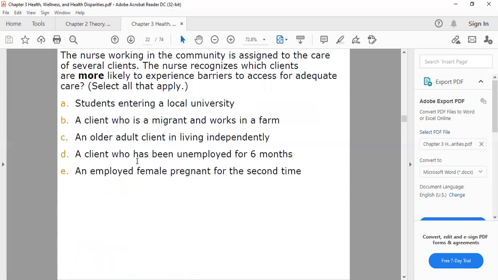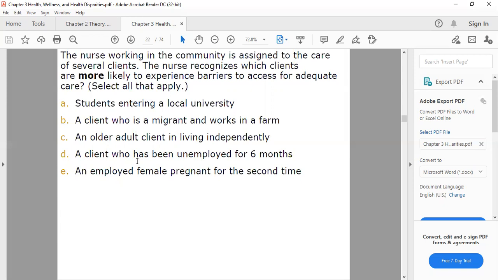The nurse working in the community is assigned to the care of several clients. The nurse recognizes which clients are more likely to experience barriers to access for healthcare. So who would most likely find some sort of barrier if they were trying to get healthcare? So we know it's not going to be a student entering a local university.